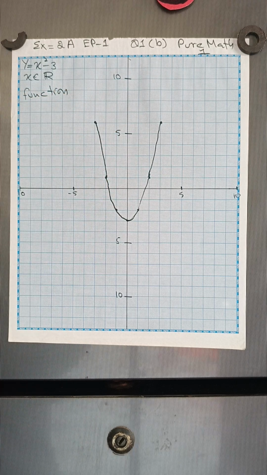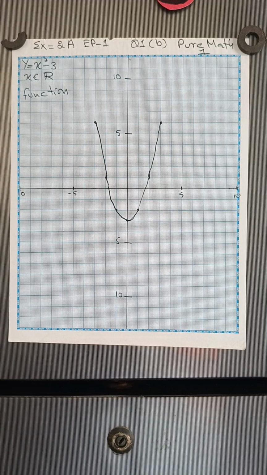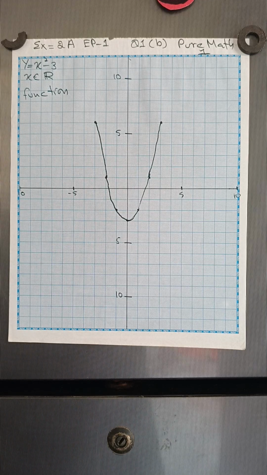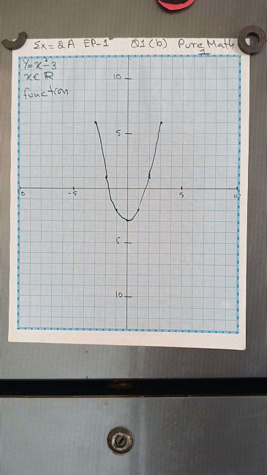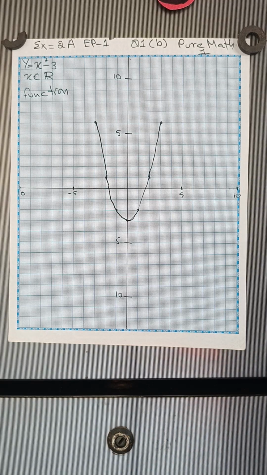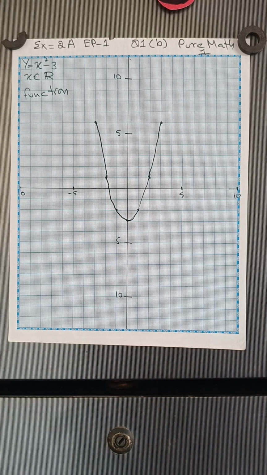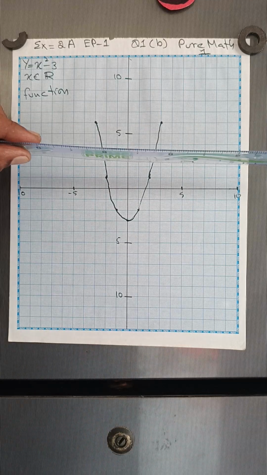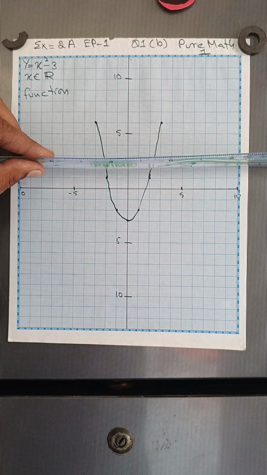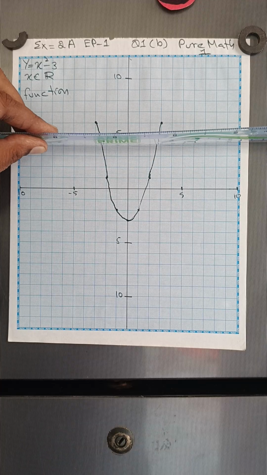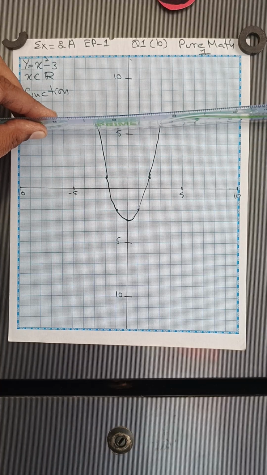Okay, then we have to decide whether this is a one-to-one function or many-to-one. So what you will do, you will put your scale like this. Okay, so you see, when you put your scale horizontally, it touched the graph at two places.